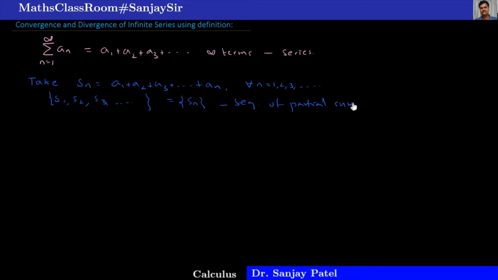This is called the sequence of partial sums, which we write in short as Sn. It is called the sequence of partial sums of the series. Then if the limit of this sequence exists, if limit n tends to infinity of Sn exists, and suppose that limit is some finite real number S, then the series sigma an is said to be convergent.